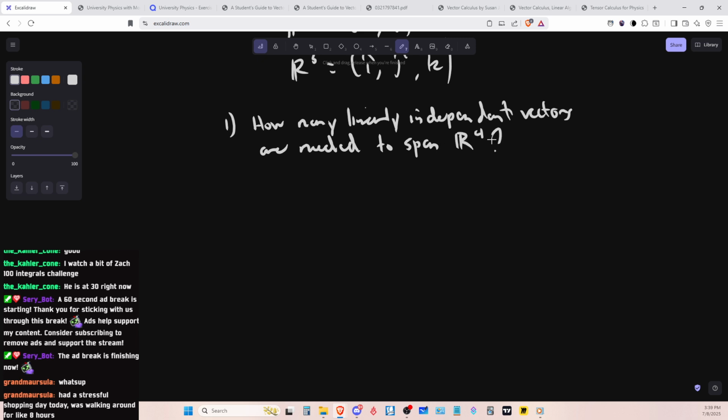Okay. I think this one's an easy one, because I think it's 4. Because we saw that with R2 you need 2, and with R3 you need 3. So I'm going to say it's 4.